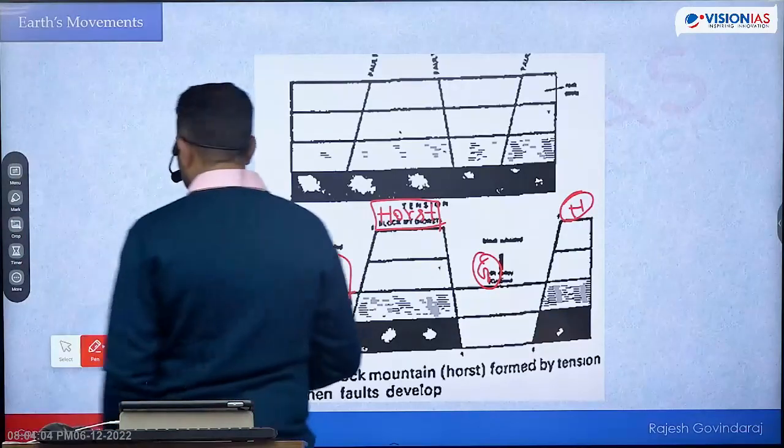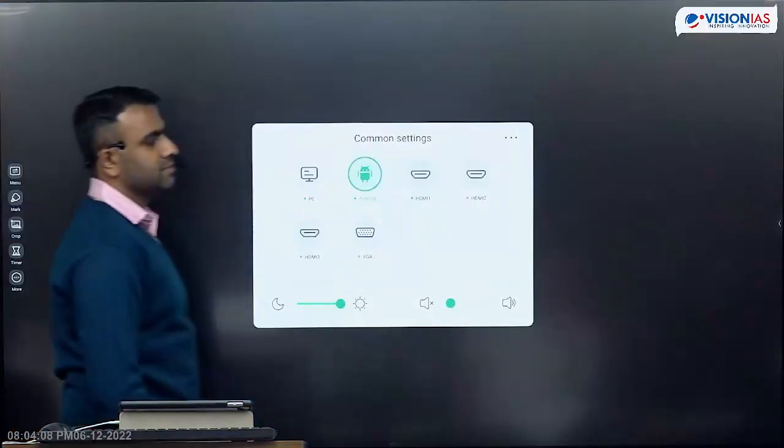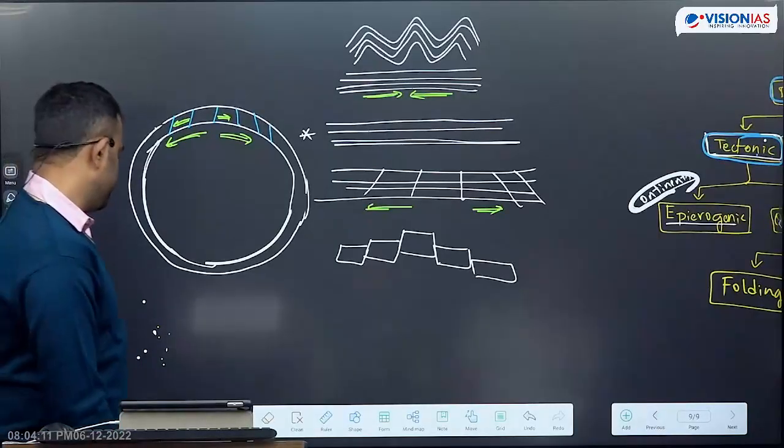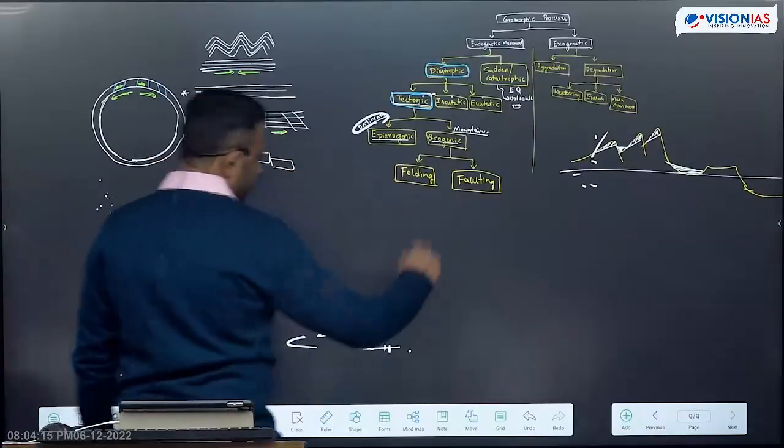So now we have two types of mountains. One is fold mountain, another one is block mountain. Okay, fold mountain and block mountain. So what are the differences between them?